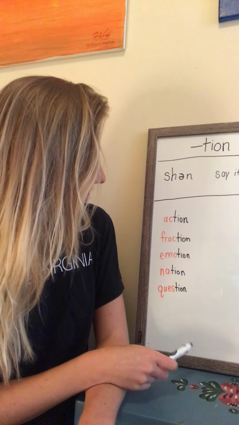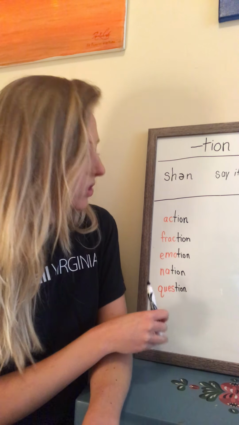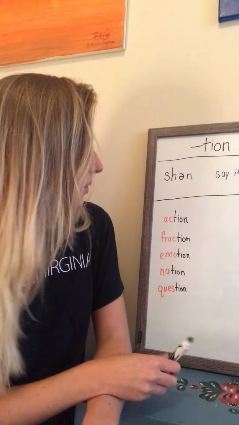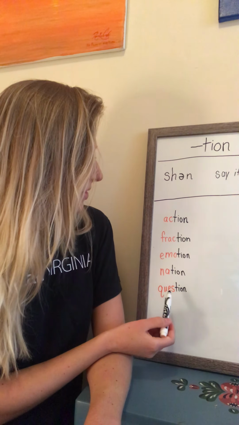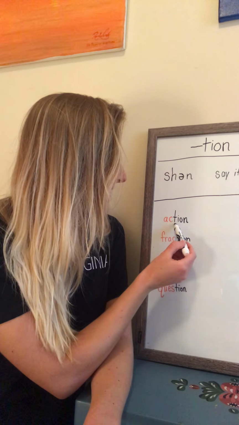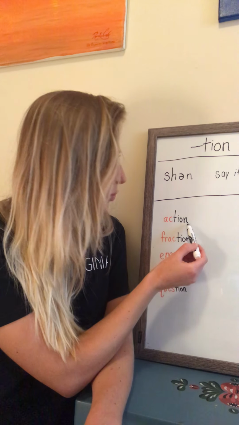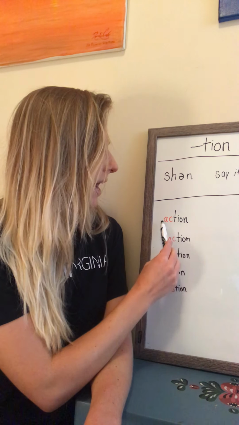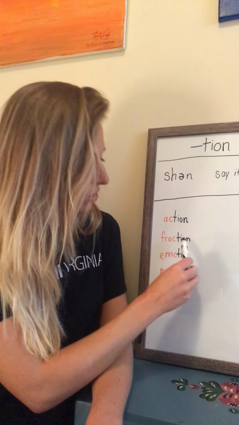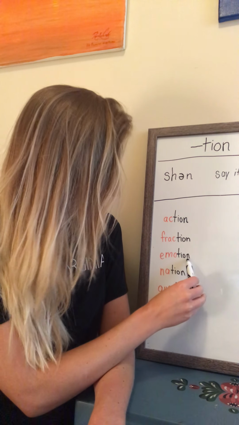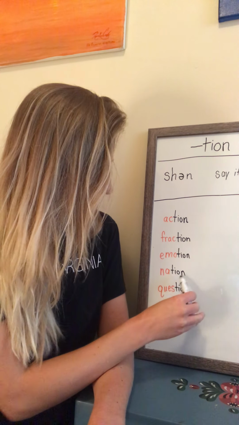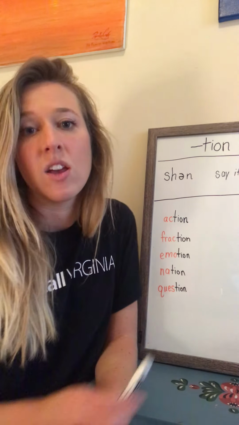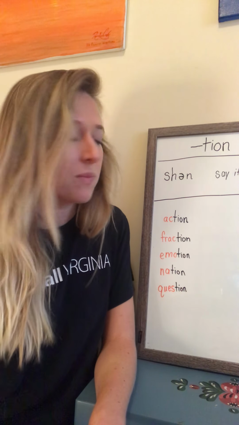So today you're also going to be looking at a couple of these words on your own and working with them. But remember that you say this ending really quickly. Action, fraction, emotion, nation, question. You say it really quickly.